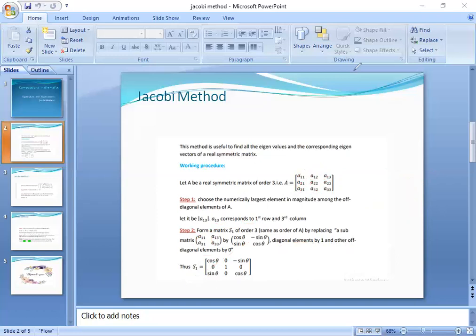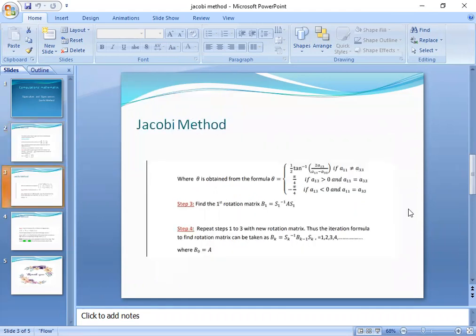Using this S1, we want to find the rotation matrix B1. Before going to find B1, we have theta unknown in the matrix S1. To find this angle theta, we need to remember the formula: half tan inverse of 2A13 by A11 minus A33.